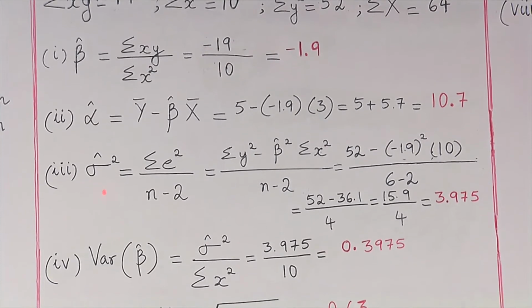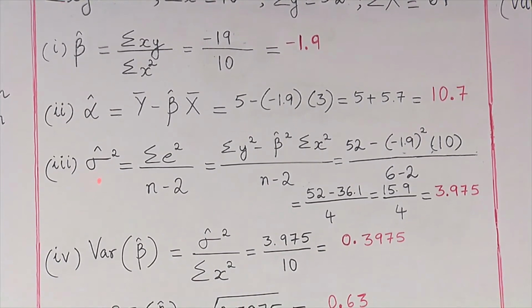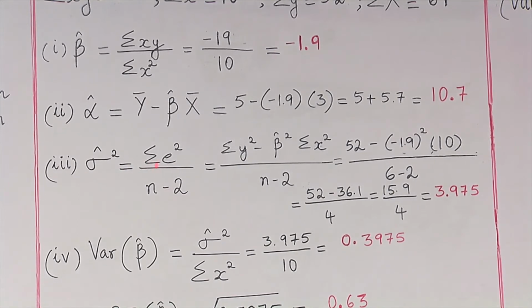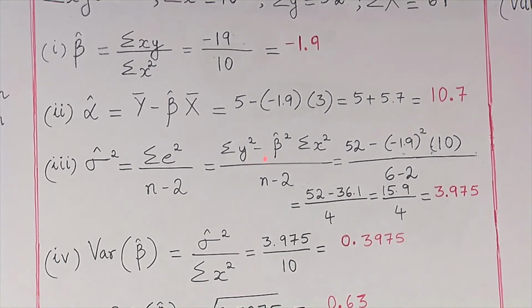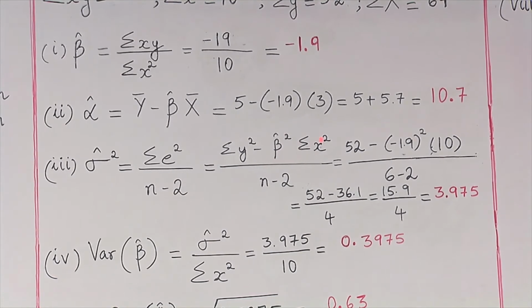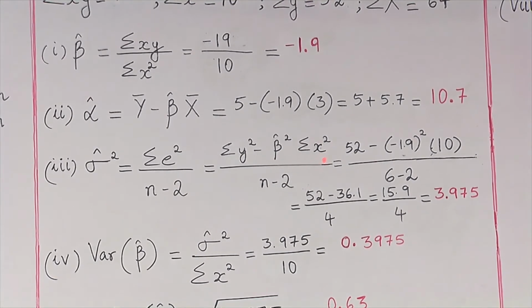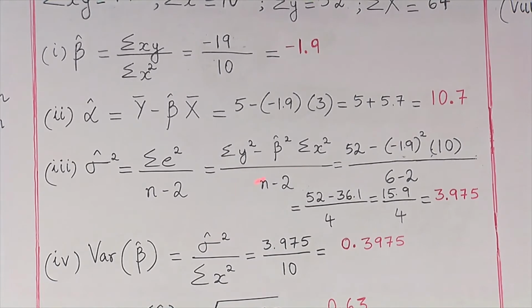The next calculation is the variance of the error term sigma hat square, which is equal to sigma e square by n minus 2. As you already know, the formula for sigma e square is sigma small y square minus beta hat square sigma small x square, and this whole is divided by n minus 2.